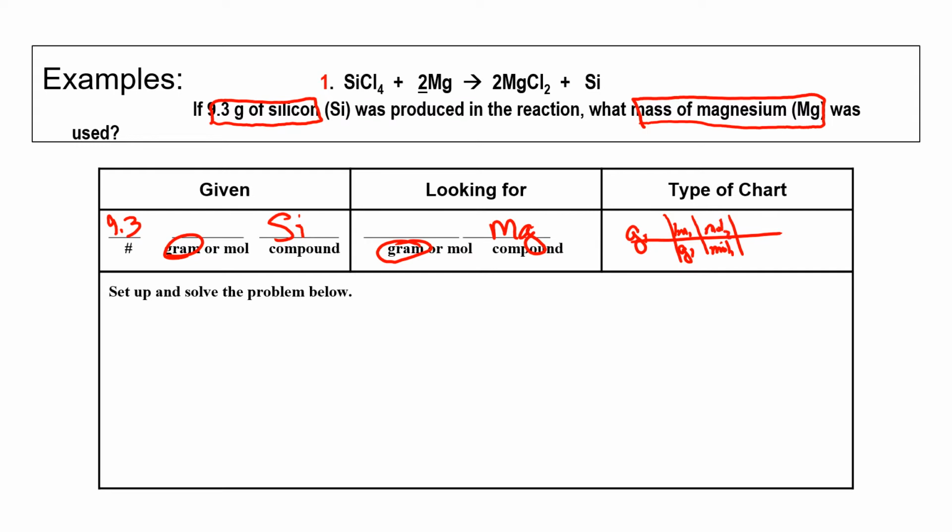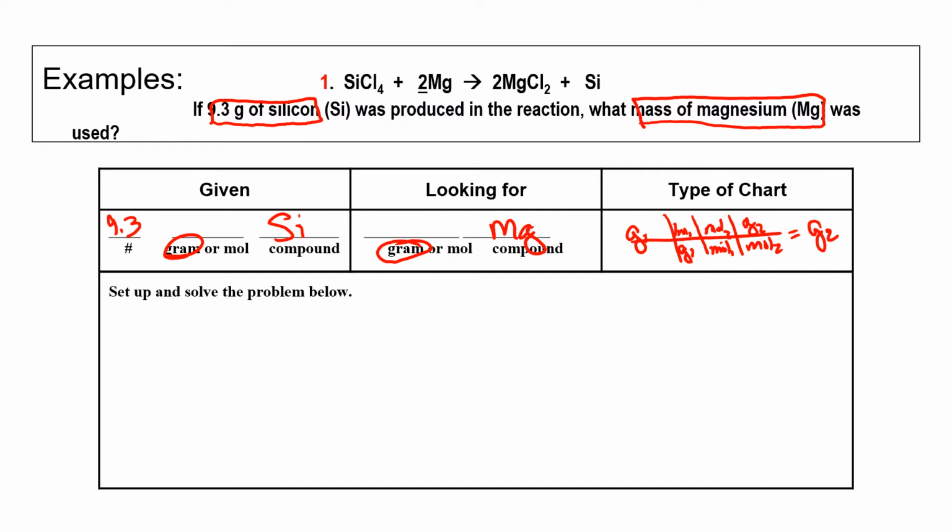That's going to be the ratio from the equation. And then we convert mole of 2 to the molar mass of 2 to give us that. Now, when it's asking you for the type of chart, you really just need to do the 3 vertical lines and the 1 horizontal. I wrote the steps just so that you could see. So let's set up the problem below and solve.